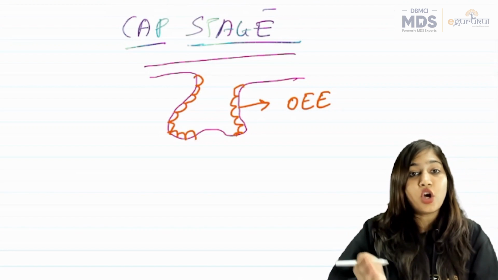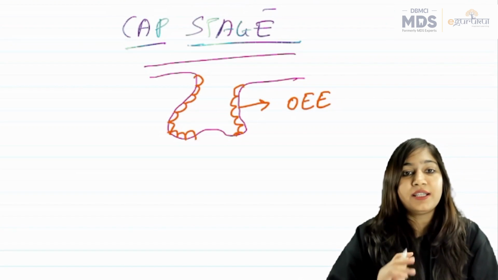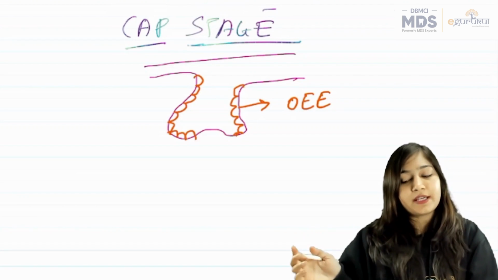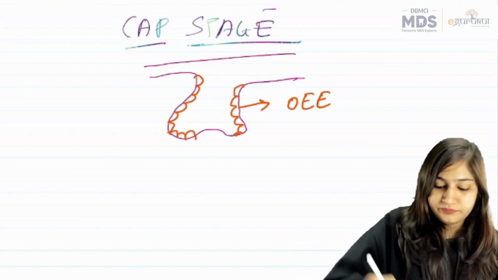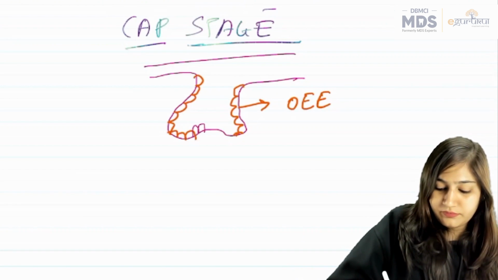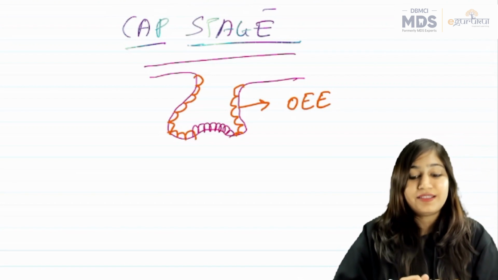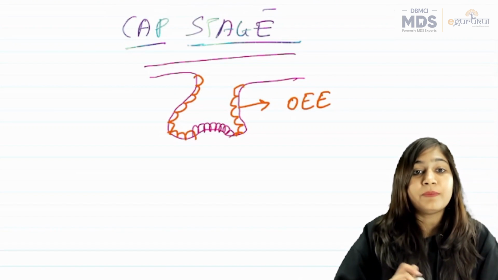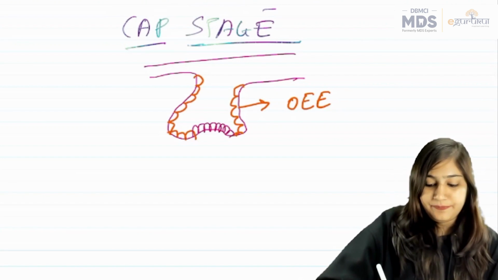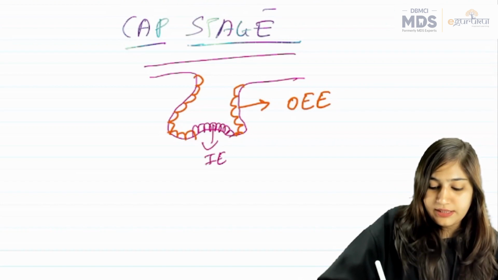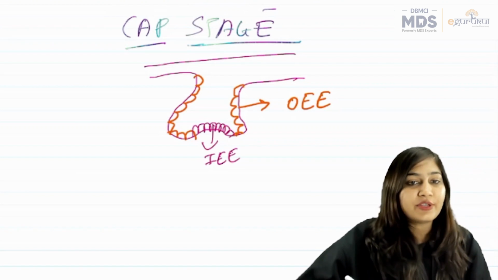The cells in the concavity of the enamel organ will be tall columnar in shape, and these cells will be considered as inner enamel epithelium. Inner enamel epithelium.